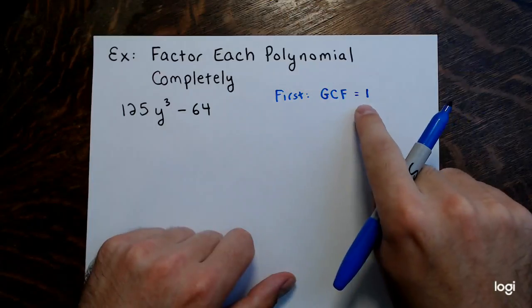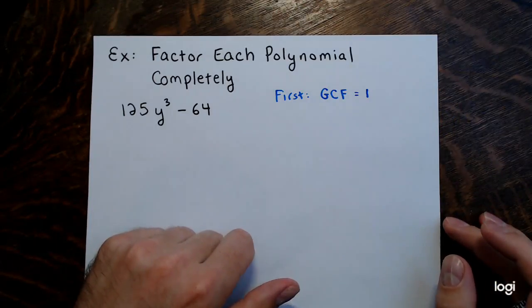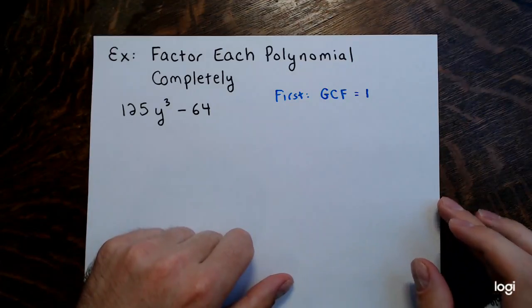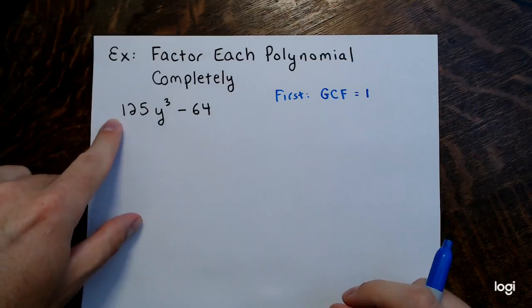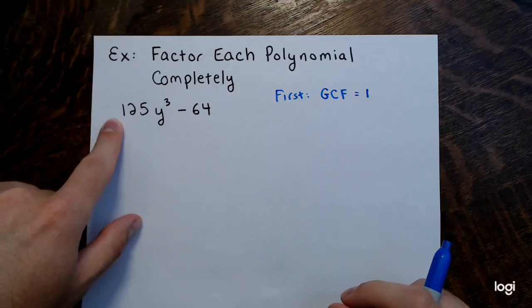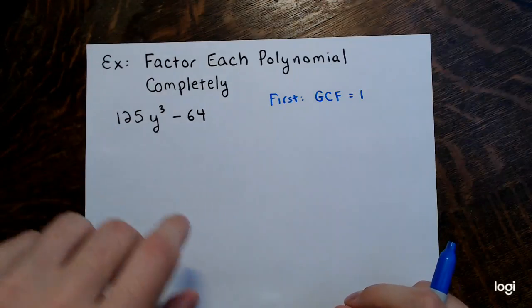But that should be the first thing you look for, no matter how many terms the polynomial has. What's the greatest common factor? And if it's something other than 1, factor it out. Another thing to point out too is if the lead coefficient is a negative number, which is not the case here, but we'll see it coming up in future examples, factor out a negative GCF, or the opposite of the GCF.